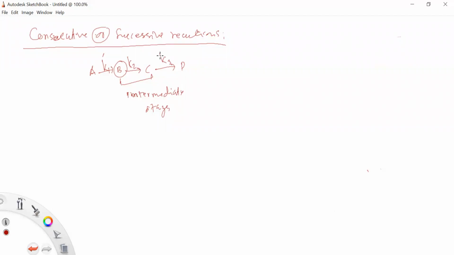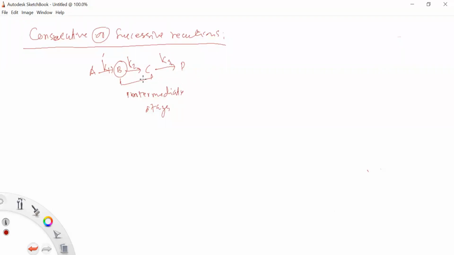In this reaction each stage has its own velocity constant, and the order of the reaction is determined by the slowest reaction, which is called the RDS, rate determining step.